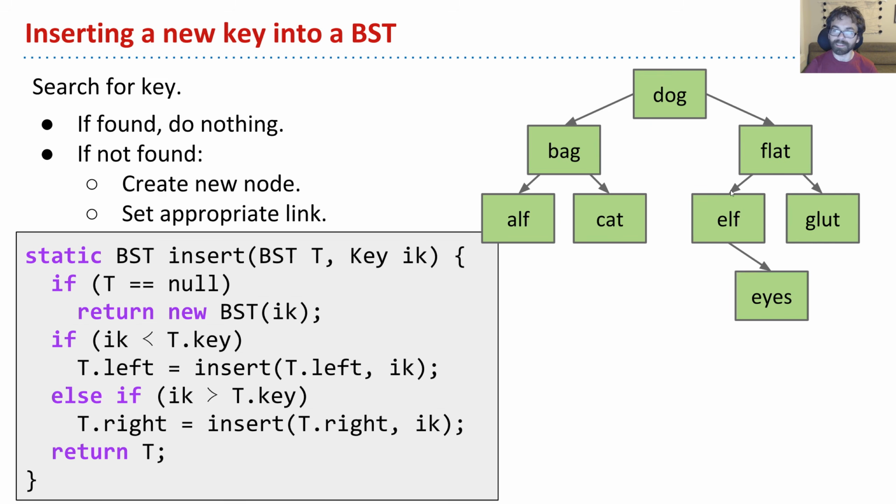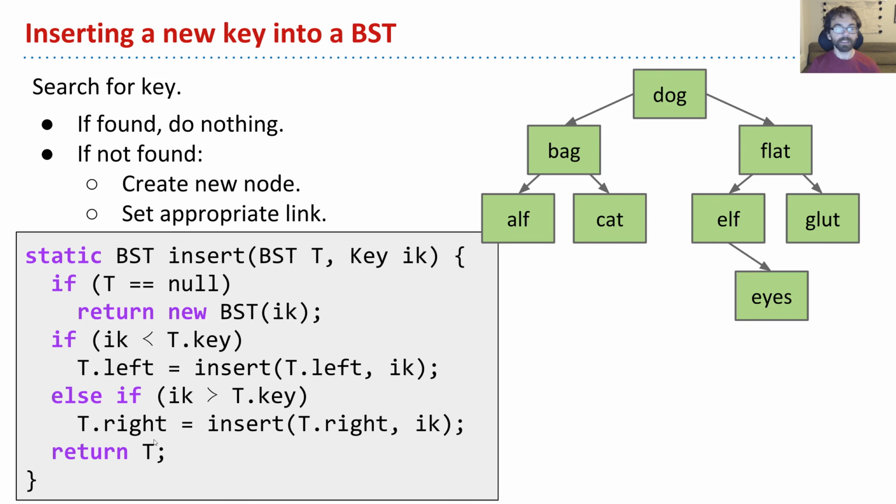So it's a little strange, right? Like flat is going to be setting its left pointer to the result of an insertion. If the insertion key is greater than t.key, we'll do the opposite. We'll say t.right equals insert t.right ik, and then lastly, we'll return t, if none of these things is true. So in other words, if the insertion key equals the t key, we'll return t.